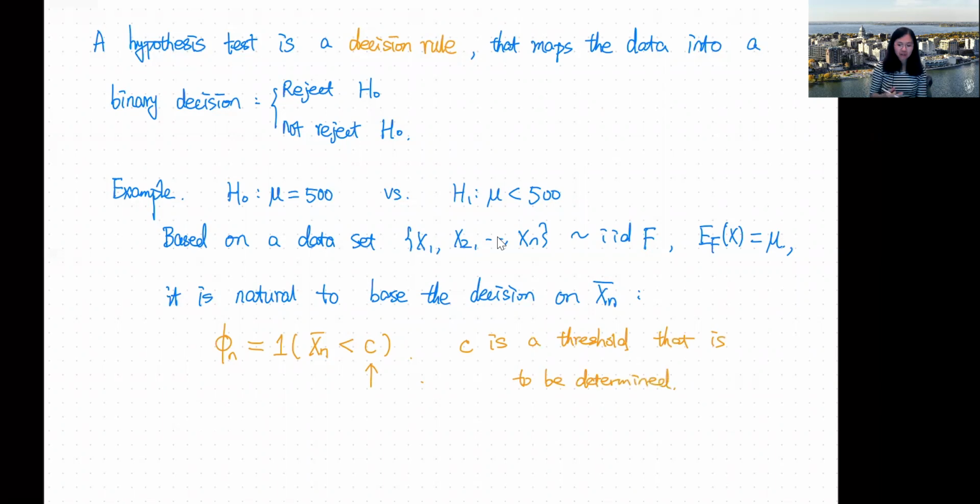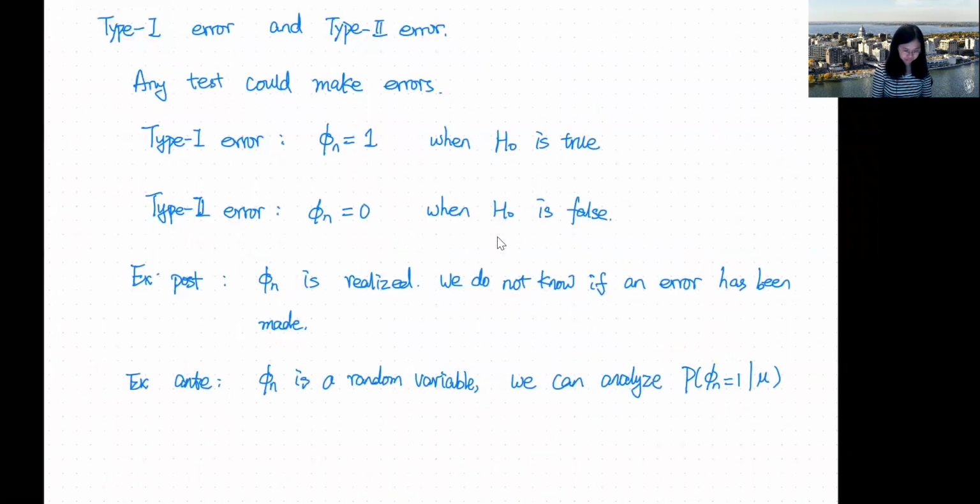I know that when the estimated expected runtime is too low, I should reject the null hypothesis. But how low is too low? And that's determined by the C. And how do you determine the C? Let's do some calculation.